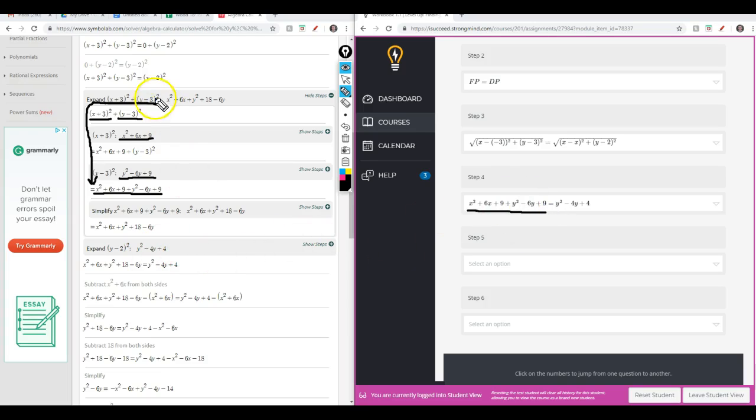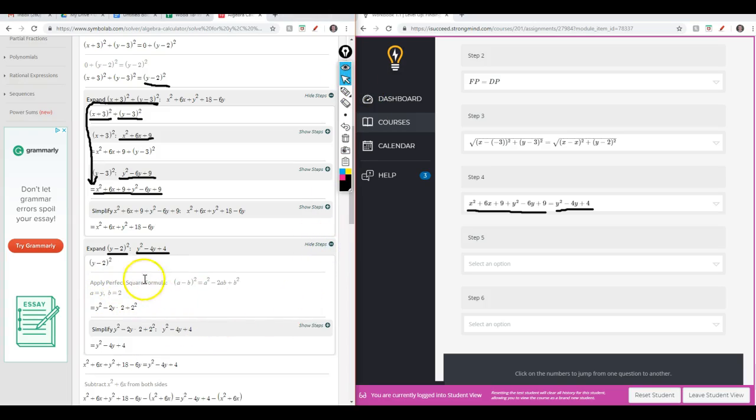And then we're going to jump to this right-hand side, this y minus 2 squared, to right here where it says to expand it. And it reduces down to y squared minus 4y plus 4. And that is what that right-hand side comes out to be. Again, if you want to see the steps, it's the perfect square formula, and it lays it out right there for you on how to expand that.